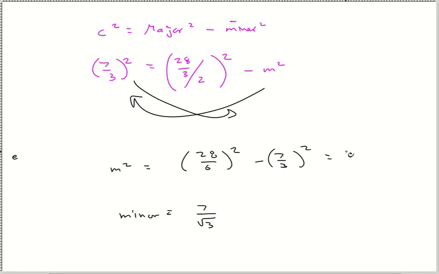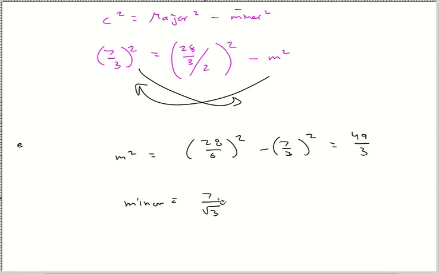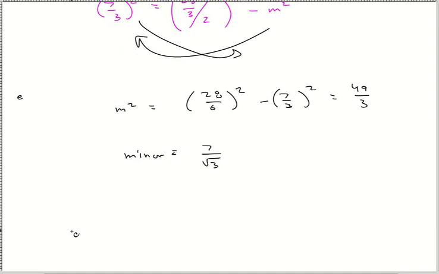Basically, minor squared is 49/3, so when you square root both of them, there you go. Okay, so then minor axis is 2 times the minor. 2 times 7 over the square root of 3 is 14 over the square root of 3.